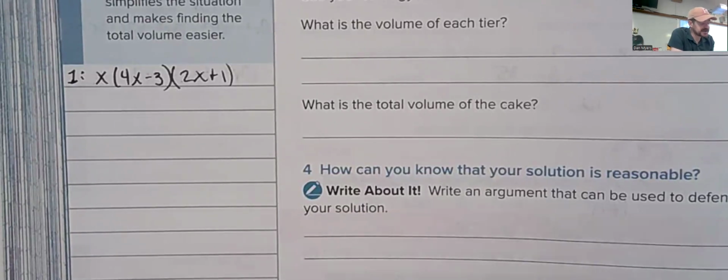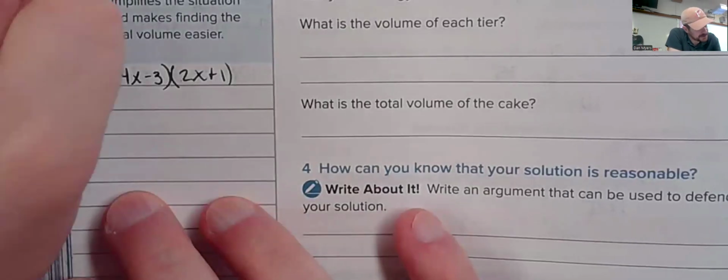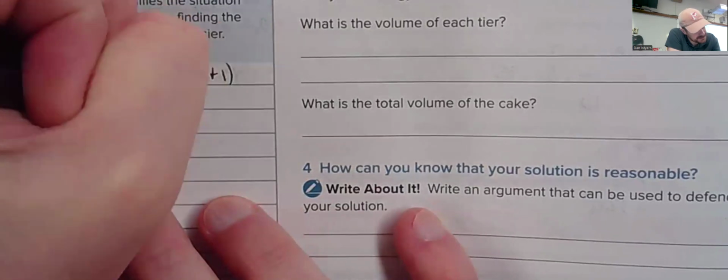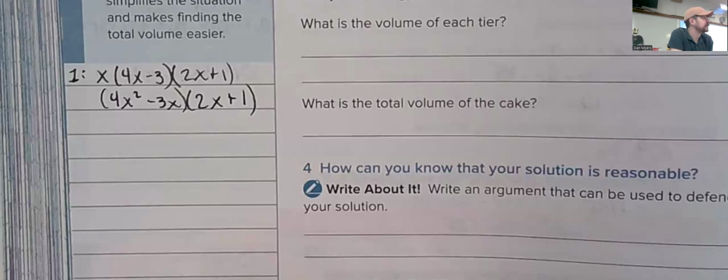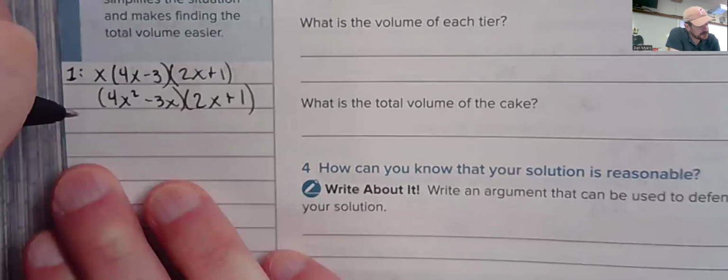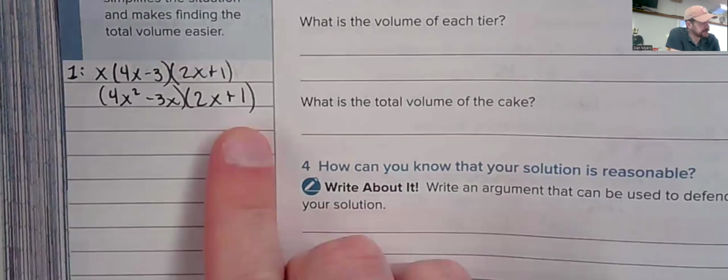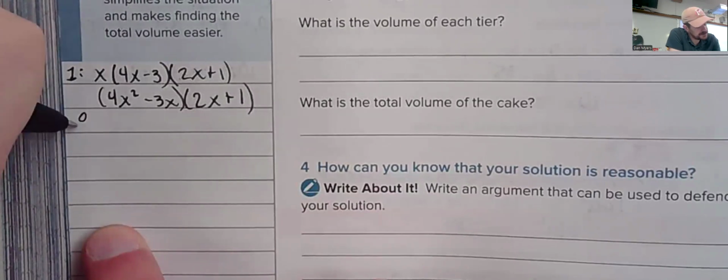I'm going to distribute this x into those first set of parentheses, because that'll be 4x squared minus 3x, times 2x plus 1. So multiply the x into it, and then we can use FOIL here. What happens when we use FOIL here? What's our first term? 8x cubed.